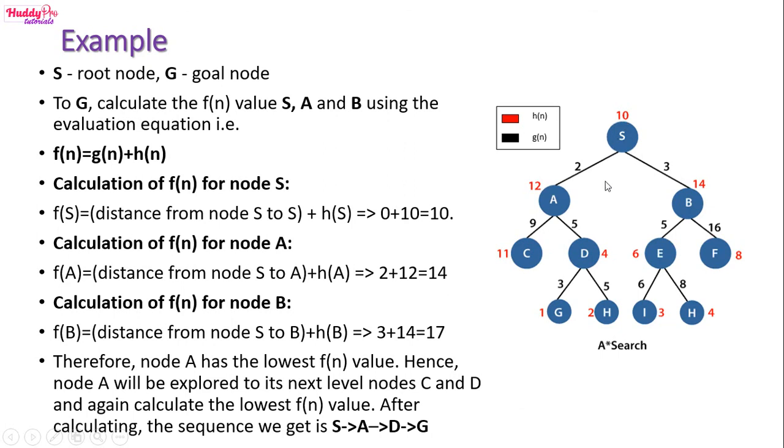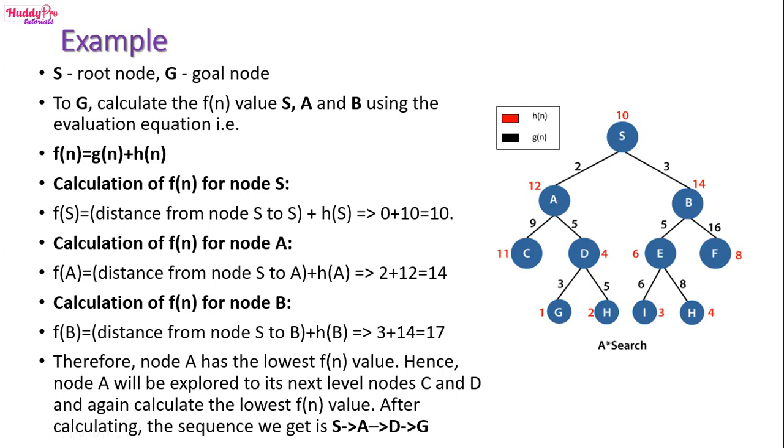The difference between this A* search and its predecessor, the best first search, is that here we not only look at the value of the heuristic function, but we also look at the cost value from the start node to the current node.